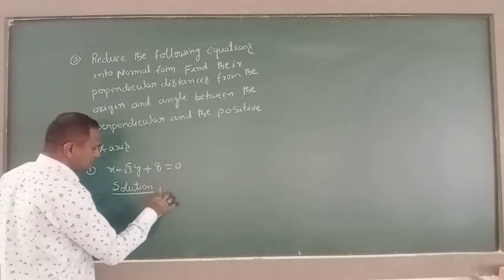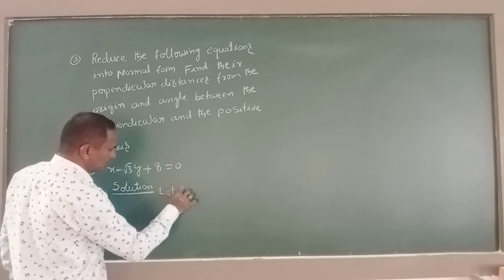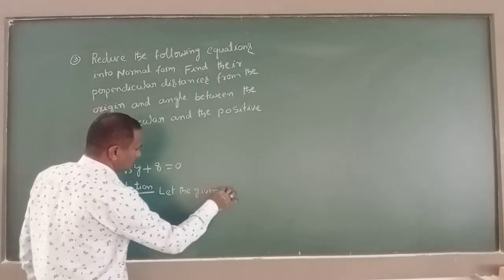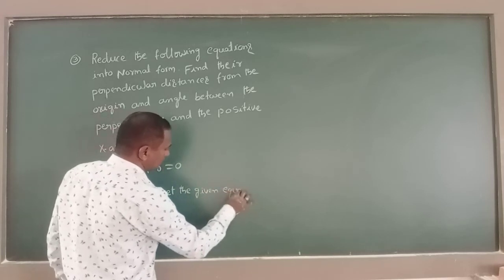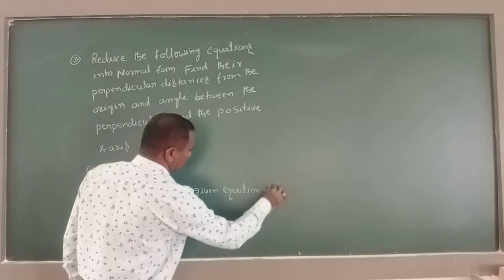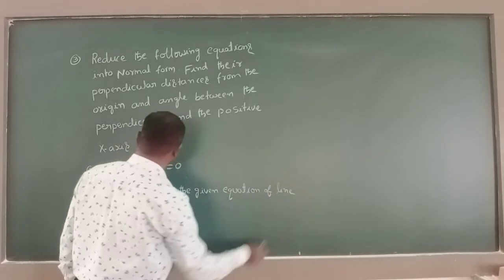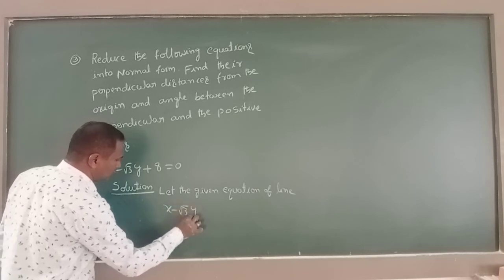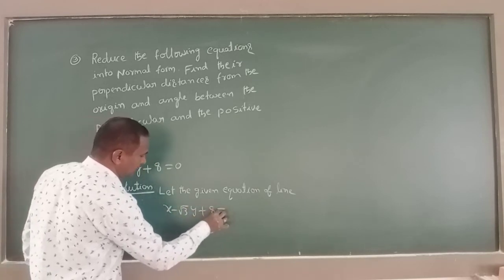Let the given equation of line be x minus root 3y plus 8 is equal to 0.